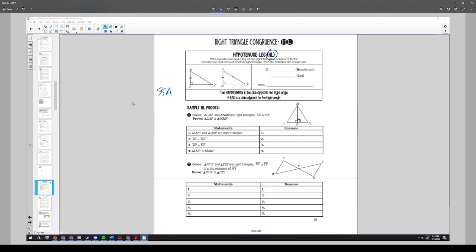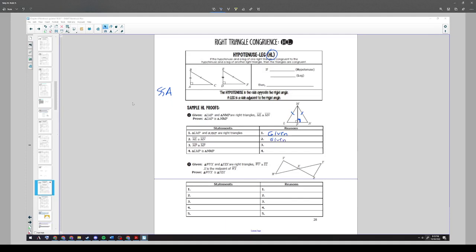So this is given. We have ML is congruent to MN. So ML congruent to MN, those are the hypotenuse. I guess we don't need to bring that information in specifically. This was given.